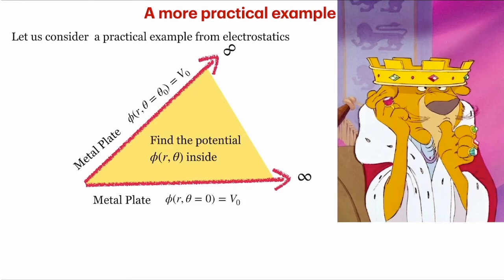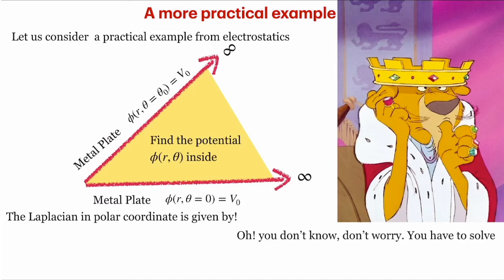Of course, it satisfies the Laplace equation, and we also assume the two-dimensional space. So we have to solve the Laplacian in polar coordinates. Don't know it? Don't worry. You have a Laplacian given by this partial differential equation in two variables r and theta.